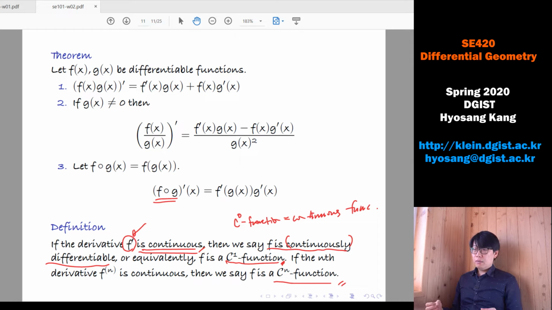This is very important later if you want to find the general solution, and also if you want to distinguish the special solution derived from the general solution from the singular solution. Sometimes a singular solution does not satisfy C2 even if you're solving the second order differential equation.